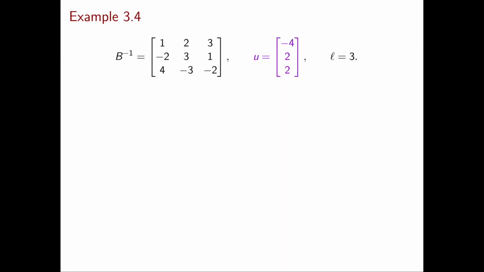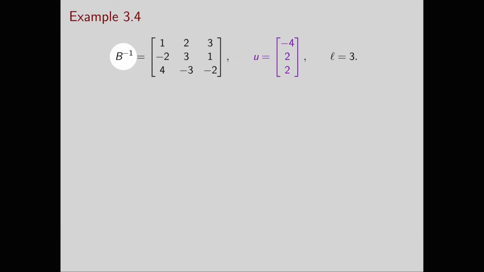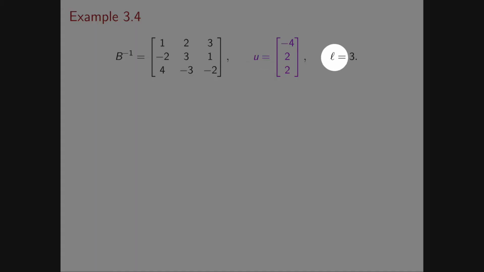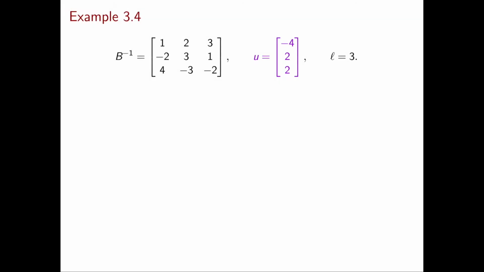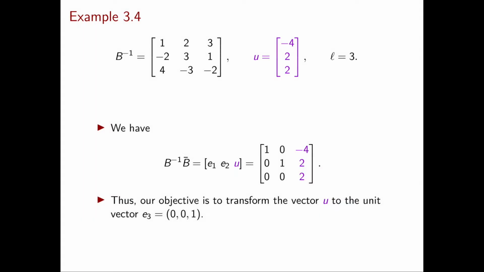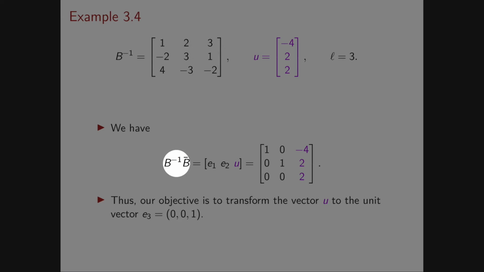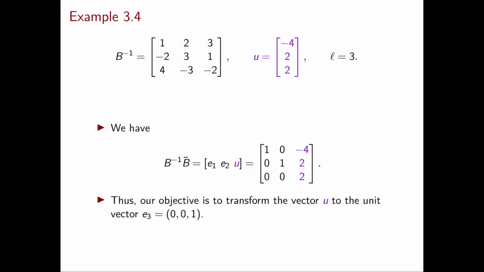Now let's see an example where we have a matrix B inverse, we have the vector u, and we have the index L, and we want to construct B bar inverse. We start by looking at the matrix B inverse B bar. This is obtained from the identity matrix by replacing the column L, so the column 3, and here we have such a matrix.